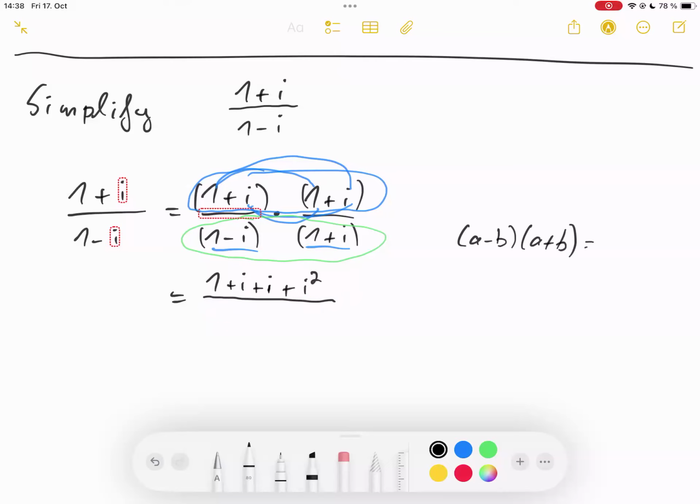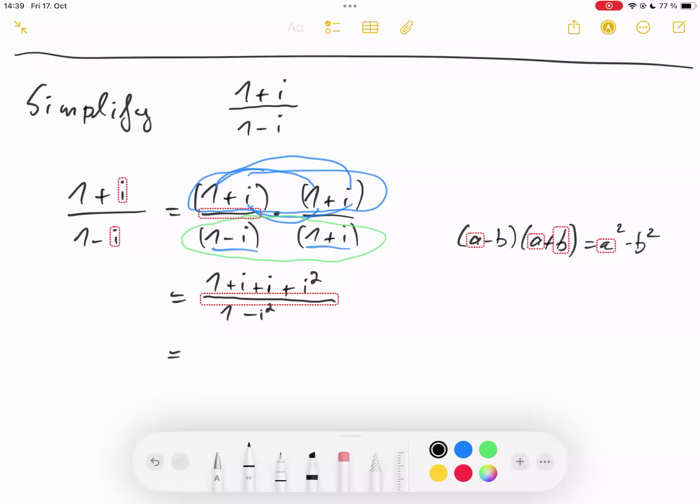Remember that, and then this is just a squared minus b squared. So if a is 1, it's 1 squared, which is 1, and b is i, so minus i squared.